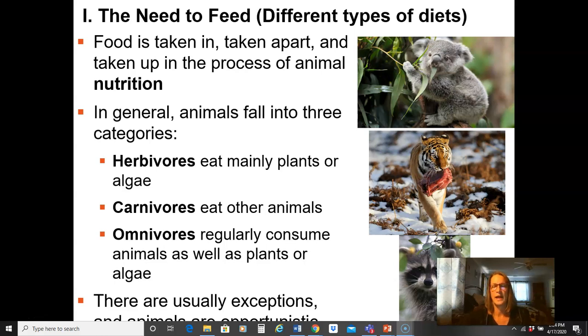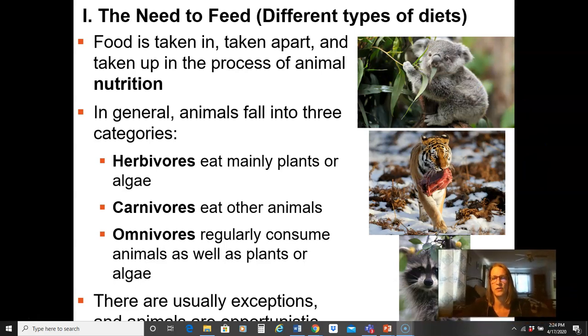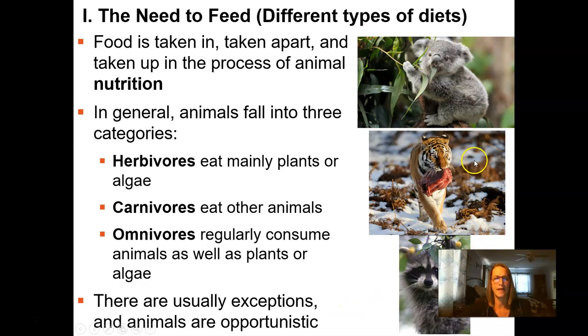So as animals are heterotrophs, that means that they have to consume food on their own, whereas plants are autotrophs and they can make their own food. Heterotrophs need to get their nutrition from the environment.